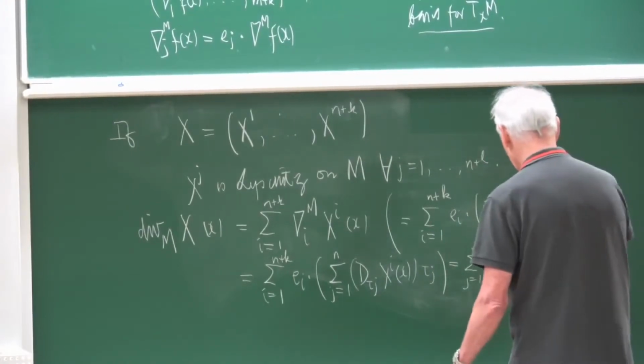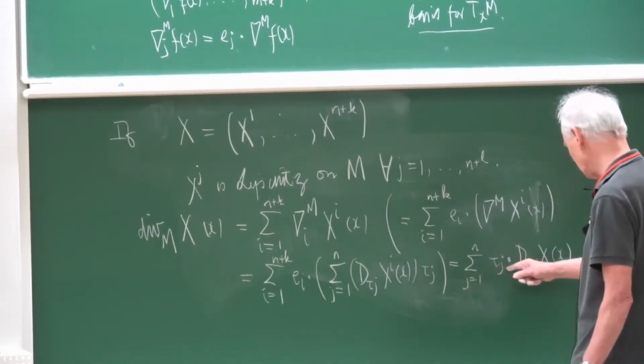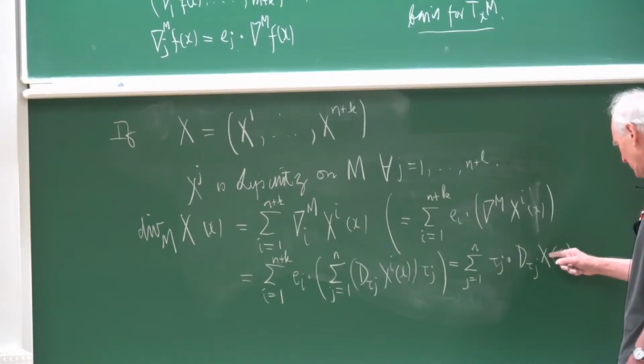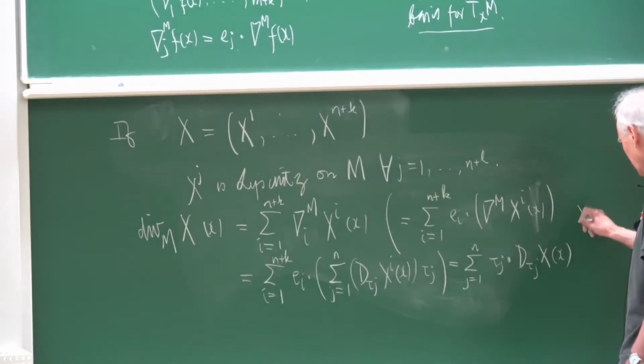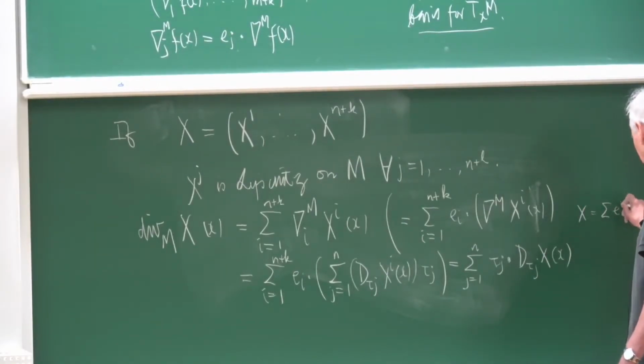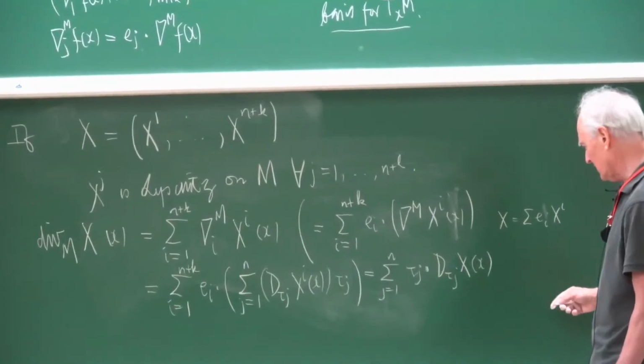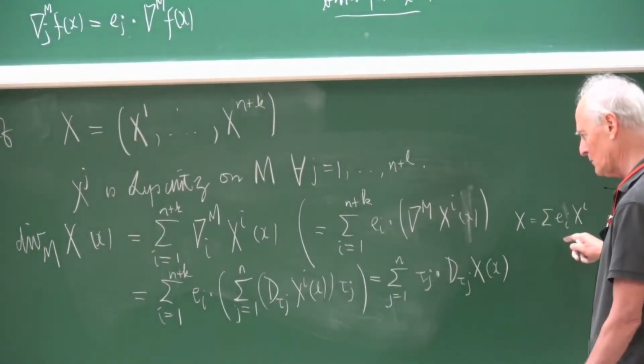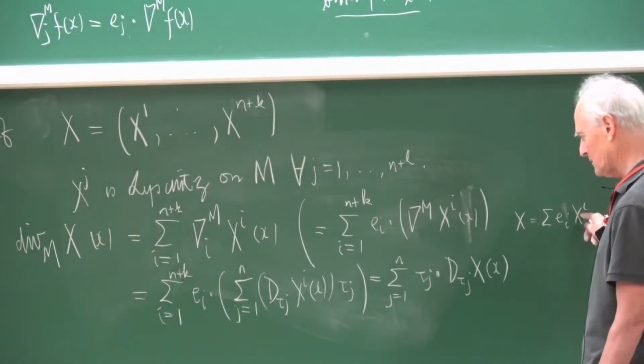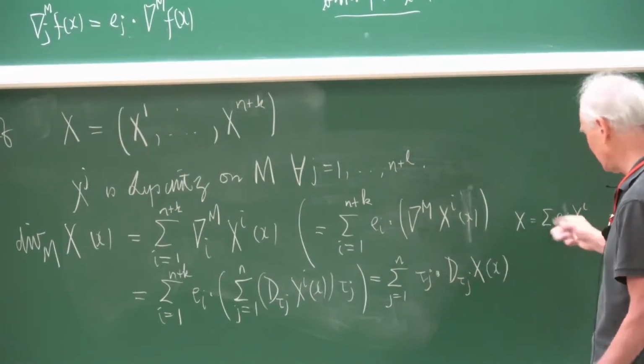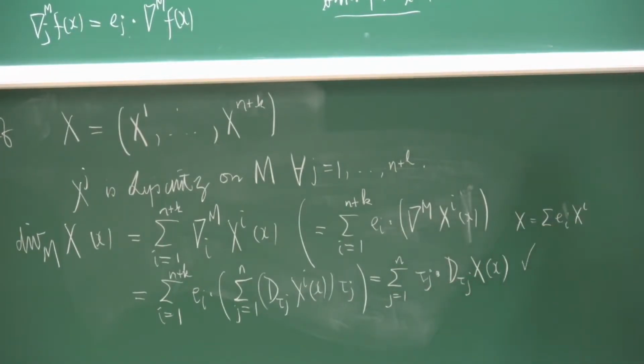This is e_i. No, that's correct. And this is tau_j. So let's check that that's right. I rewrite X as the sum of e_i times x_i, and then this is tau_j dotted with e_i times x_i, and we're taking d_tau_j of x_i. Yes, that's correct. So that's an alternative way to write this.